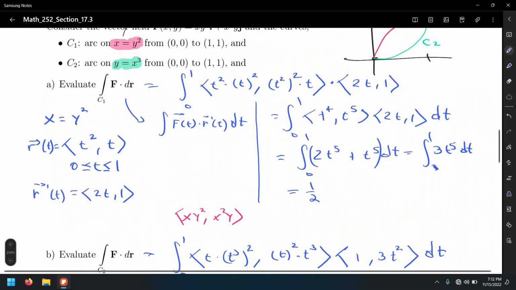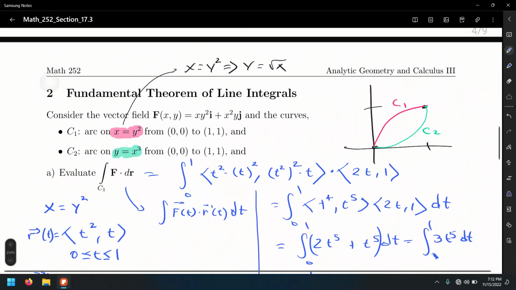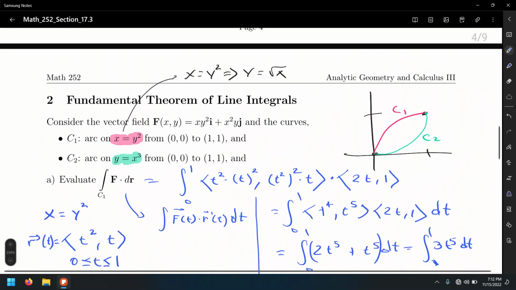In a nutshell, the fundamental theorem of line integrals tells us that if we have a conservative vector field, it doesn't matter the path you follow to go from point A to point B. The value of the integral is going to be the same. In other words, the work done by this vector field in moving the particle from point A to point B is independent of the path.